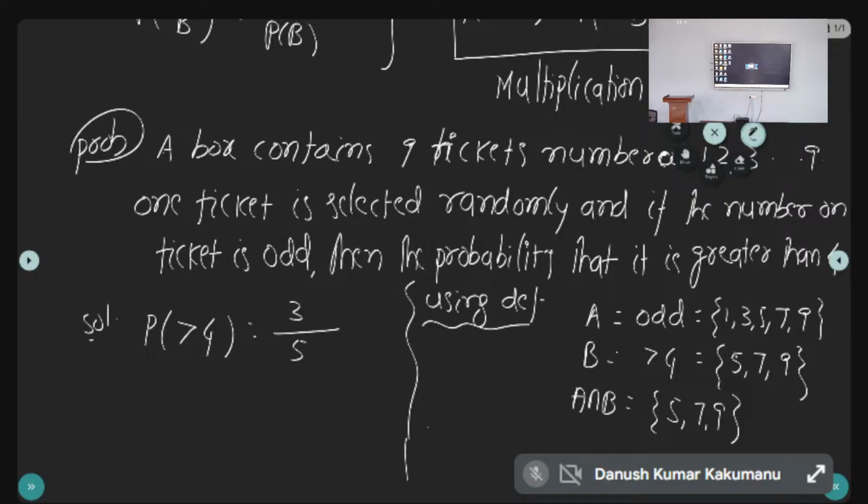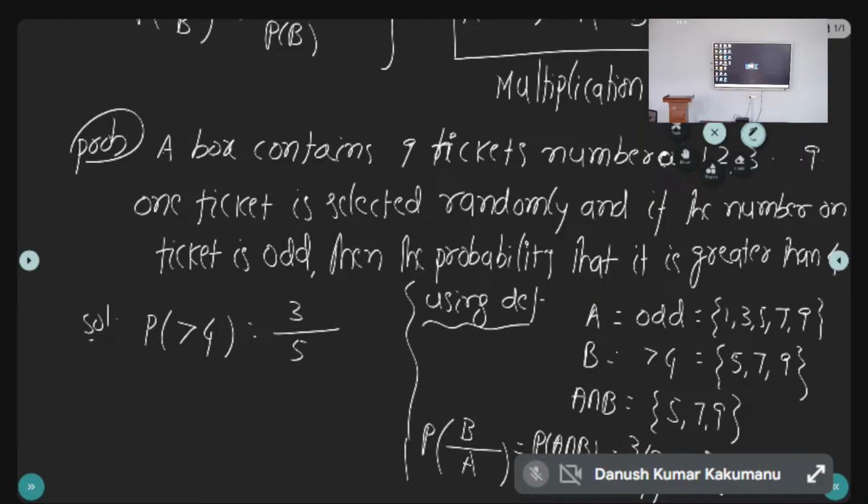According to the definition, the already occurred event goes to the denominator; already odd is A. My requirement is B. P of A intersection B by P of A. P of A intersection B means there are 3 numbers out of 9 numbers, and P of A means 5 numbers out of 9 numbers. 9 will cancel, 3/5 will come.